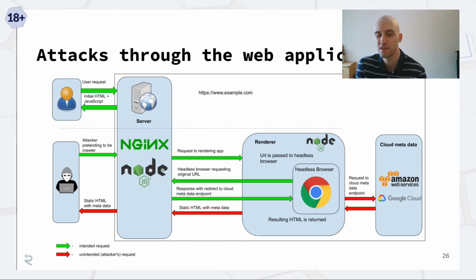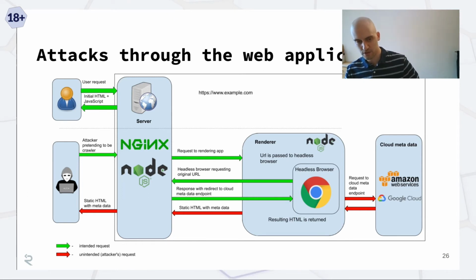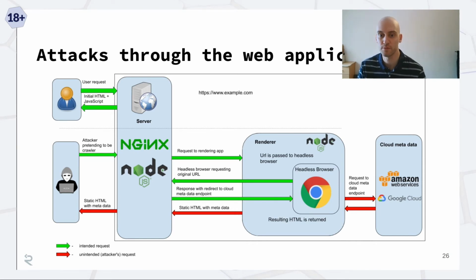I use this just for demonstration purposes, because it's the most common and usually most impactful thing in terms of SSRF. But again, there are no limits. Who knows what's going on in one particular infrastructure.